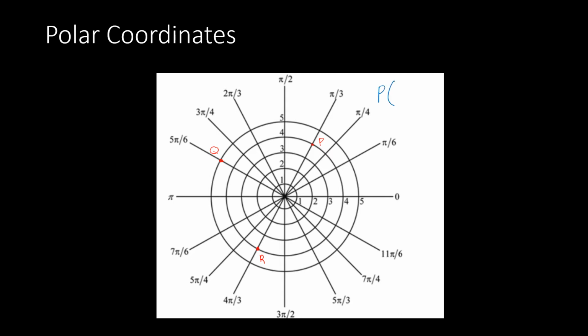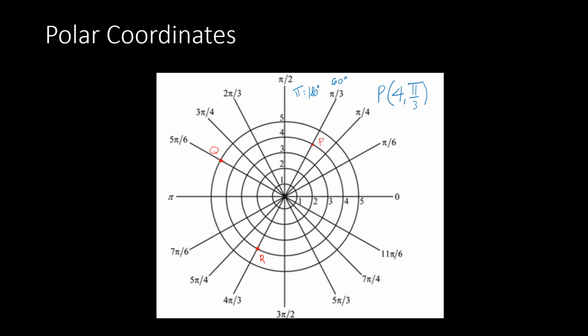For P, we have 1, 2, 3, and 4, and the angle is 4 pi over 3. Pi over 3 is equivalent to 60 degrees. Just take note that pi is equal to 180 degrees.